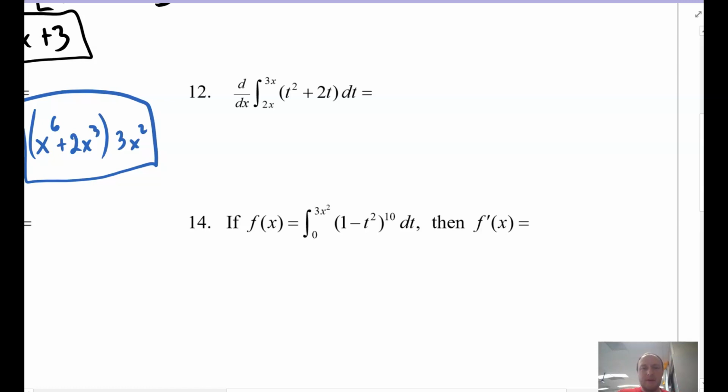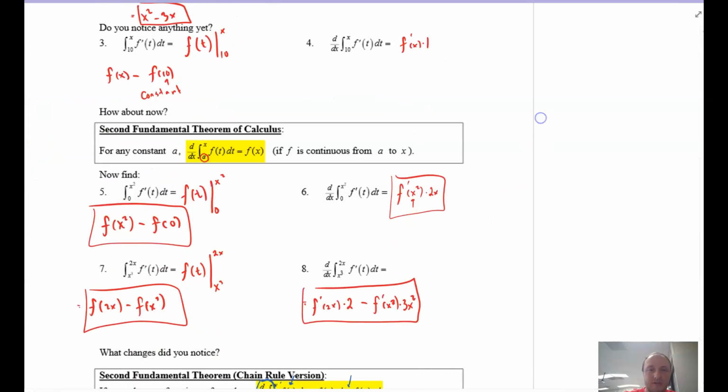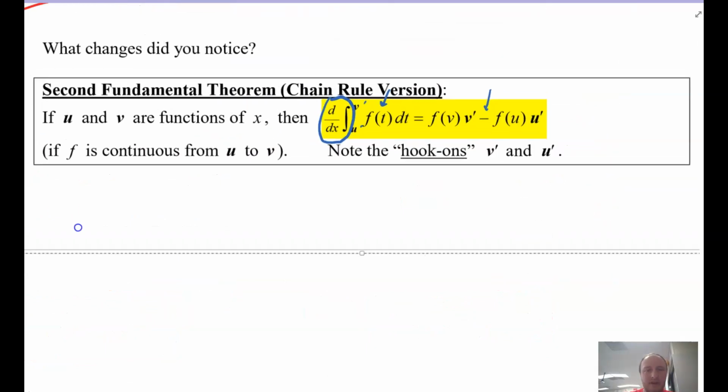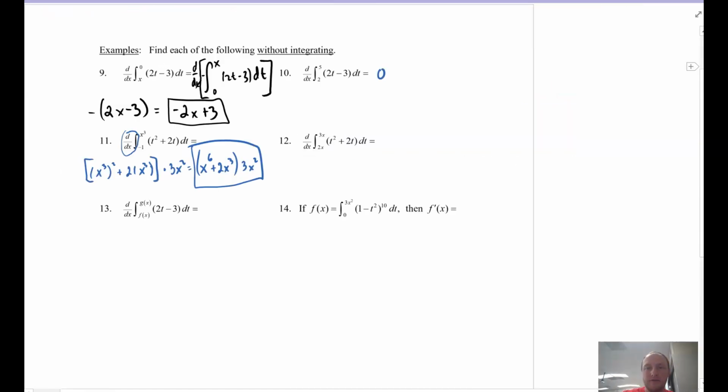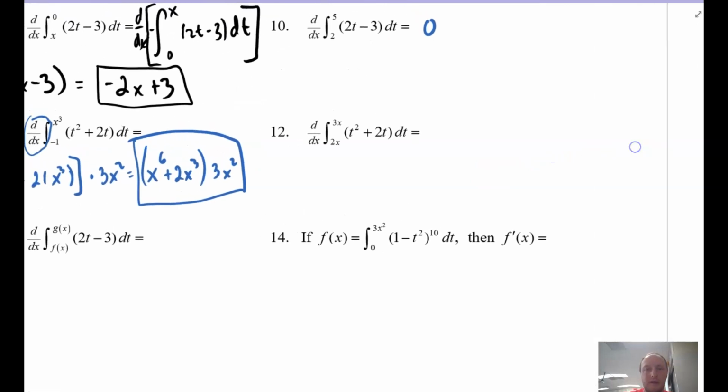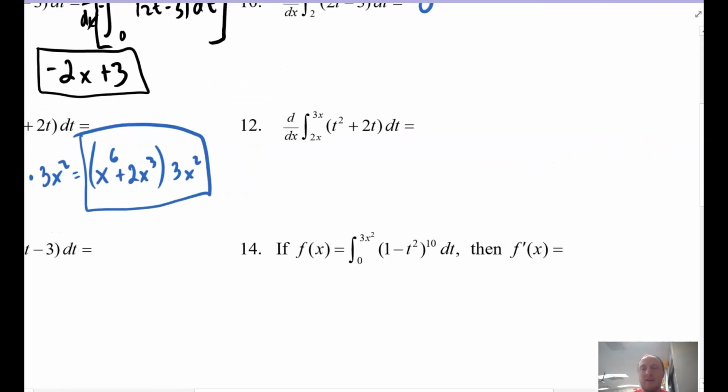Okay, let's make this a little bit more complicated. Let's look at two functions, from a function to a function. If I go back to our notes down here, here's the example of a chain rule where u and v are both functions, so we're going to have derivatives for both bounds. So again, I'm taking the integral from 2x to 3x, and then I'm going to take the derivative of that.